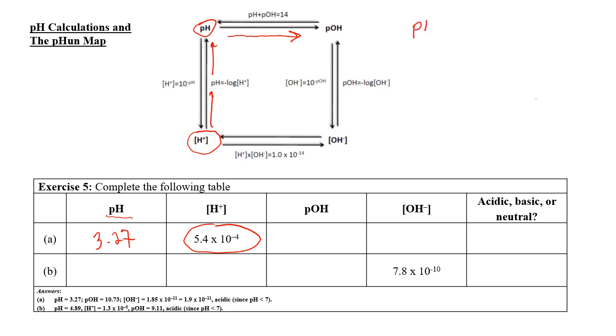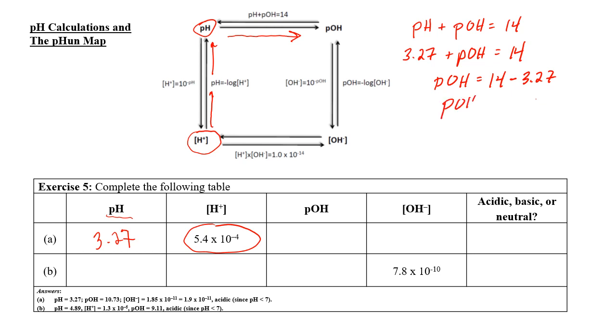I'm going to use this equation: pH plus the pOH equals 14. We just found the pH is 3.27. Well, that equals 14. So the pOH equals 14 minus 3.27. I just did algebra. Subtract 3.27 from both sides. And now we know our pOH is 10.73.